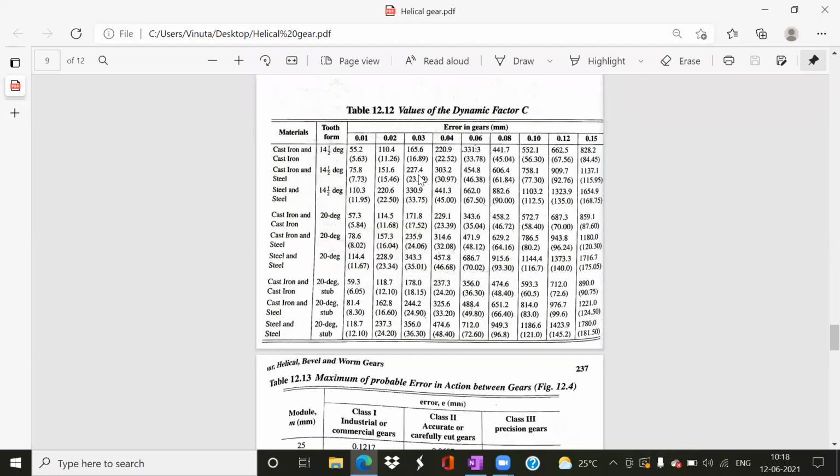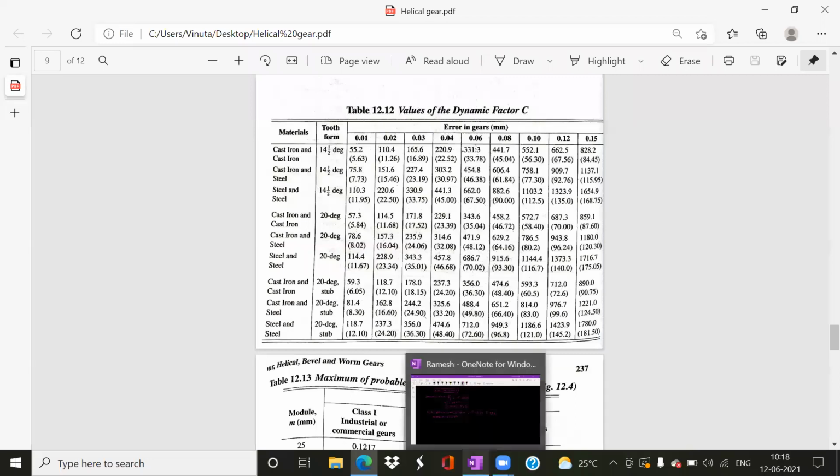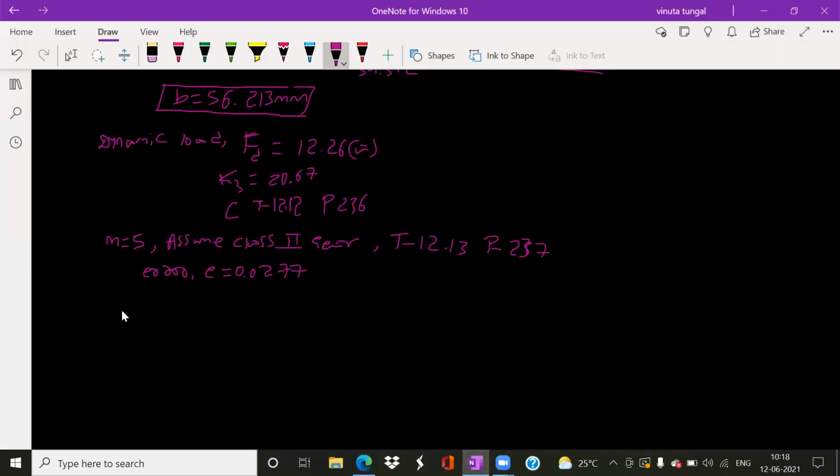Interpolation method. Yes, that is good. You can use the interpolation method. Now, whatever the material is given, both are steel, correct?